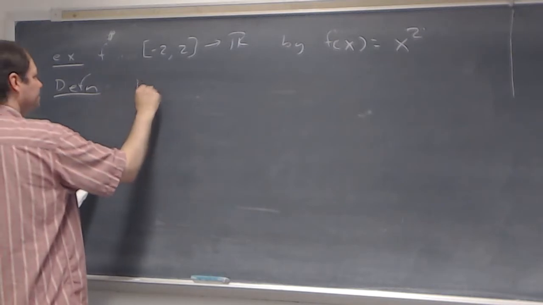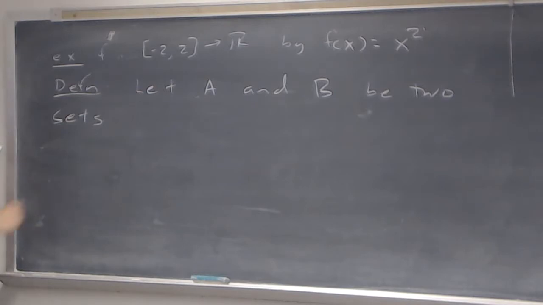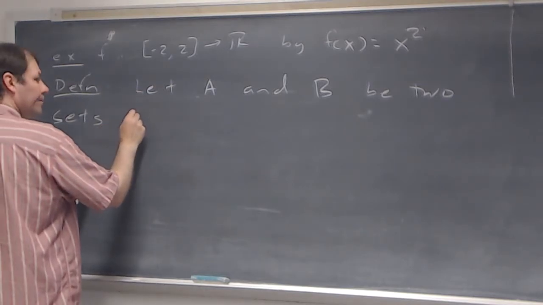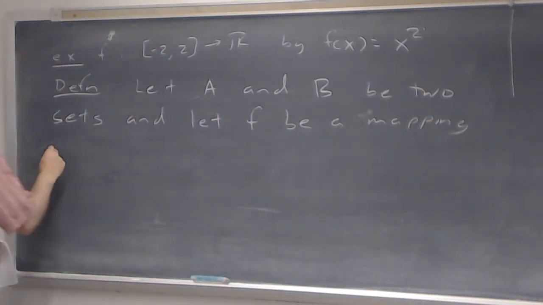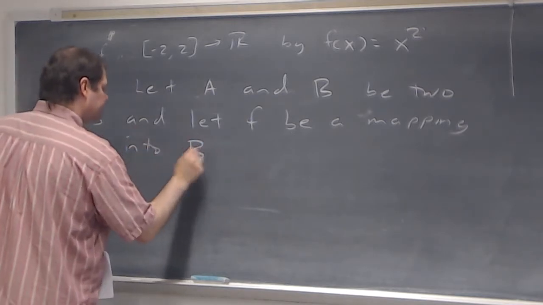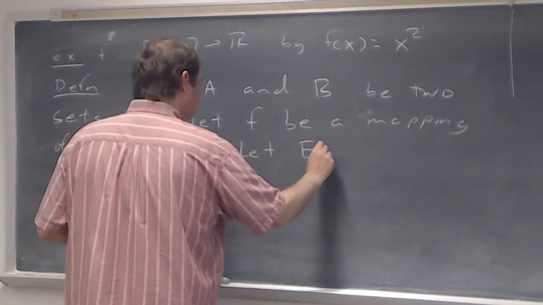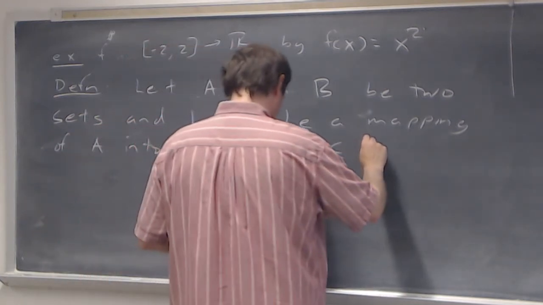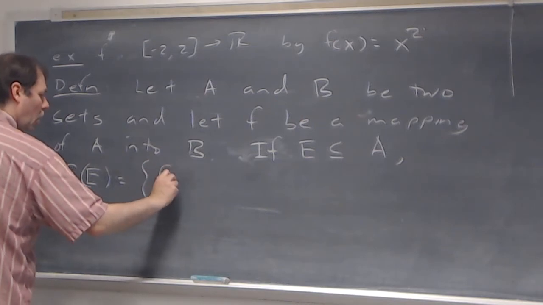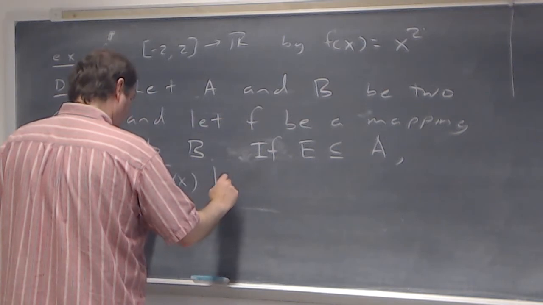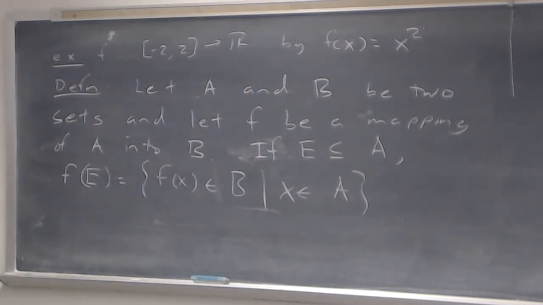It says let A and B be two sets, and let F be a mapping, function, of A into B. If E is a subset of A, f of E, so here's what we're defining, is equal to the set of all f of x's, f of x in B, such that x is an element of A. So that set is what we're defining.